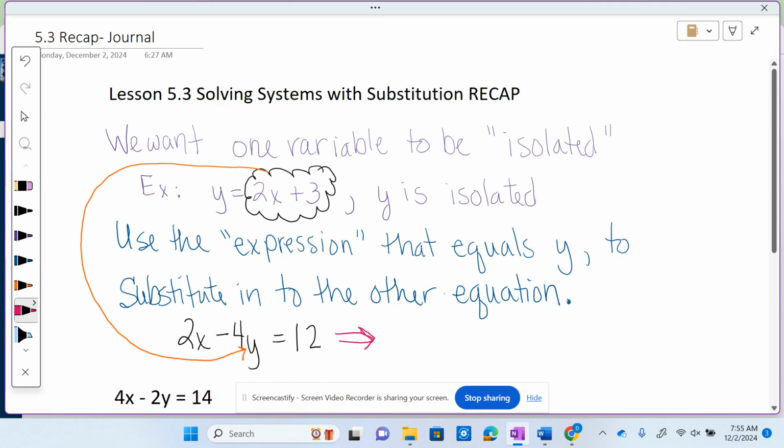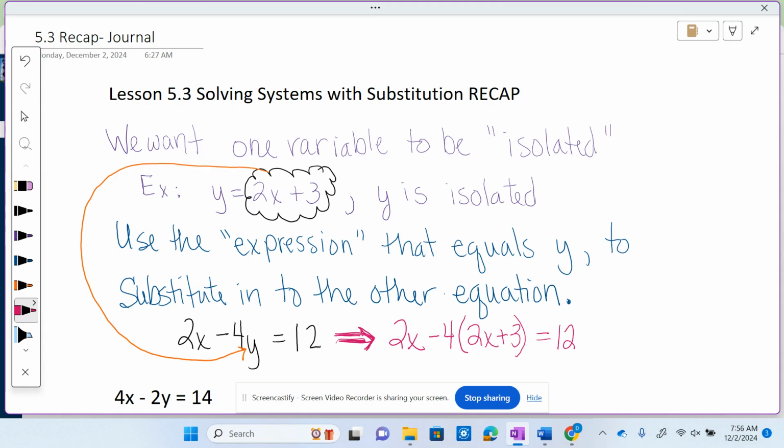Well, that would give us an equation with no y variable. We're essentially eliminating the y. So we would actually have the equation 2x minus 4 times what is y? Y is the expression 2x plus 3 equals 12. Okay, and then you would solve that.